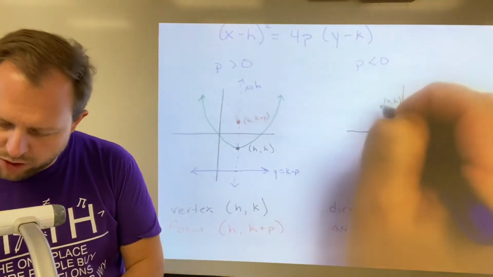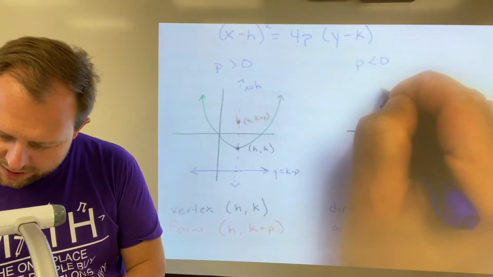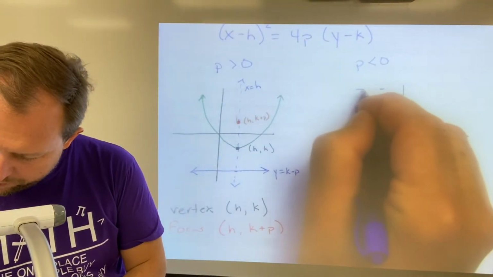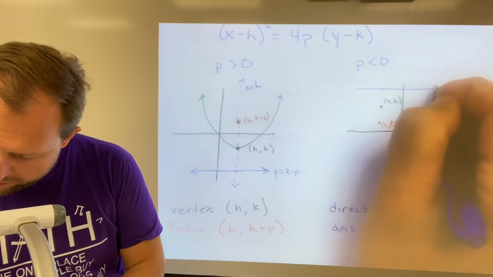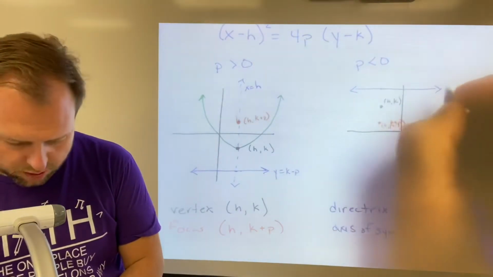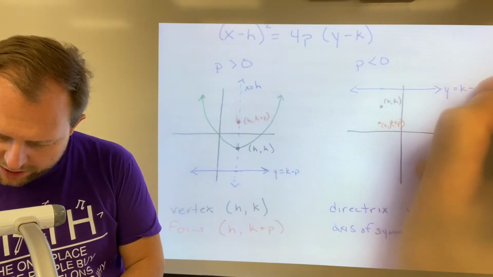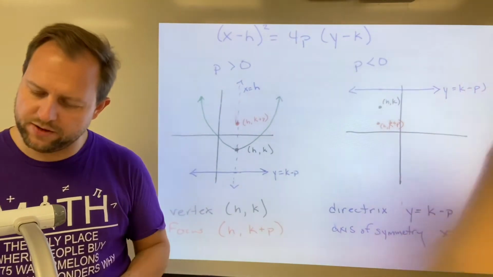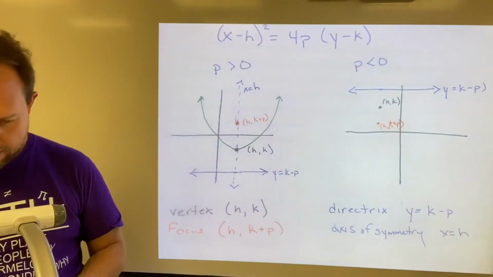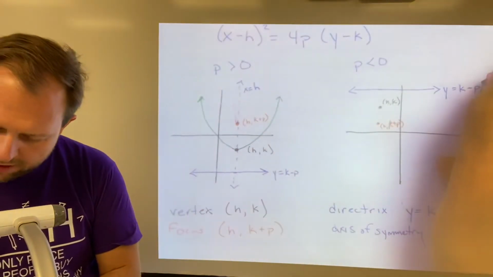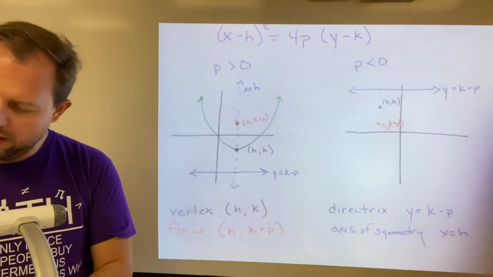It means that the directrix is going to be equal distance above. So this is the line y equals k minus p, but p is negative, so minus a negative p becomes a positive p. I didn't need a parenthesis there.